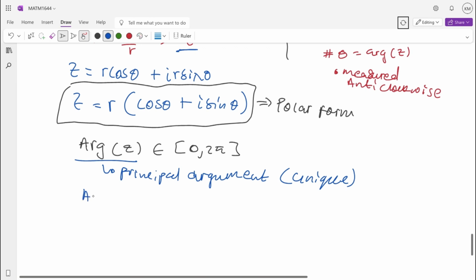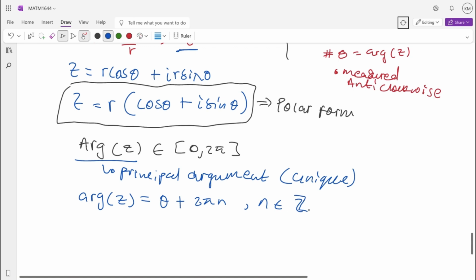Otherwise, the small argument of z, we use our small letter a, will be equal to theta plus 2 pi n, where n is an element of the integers.